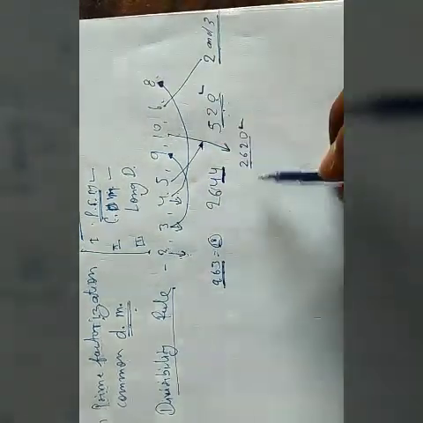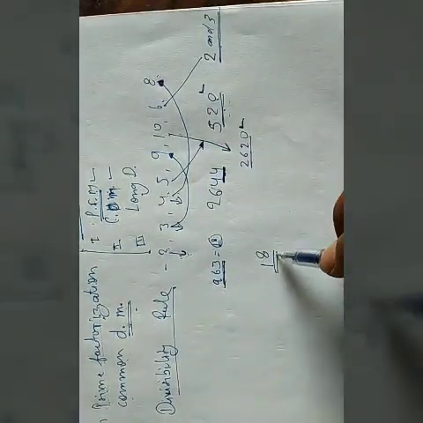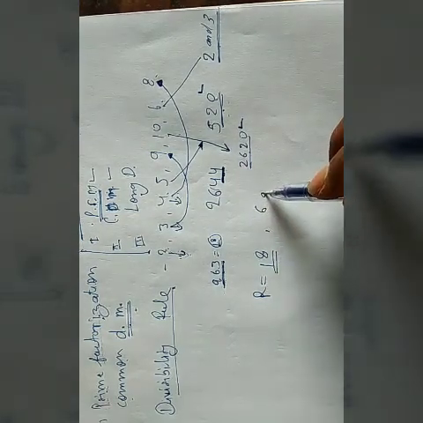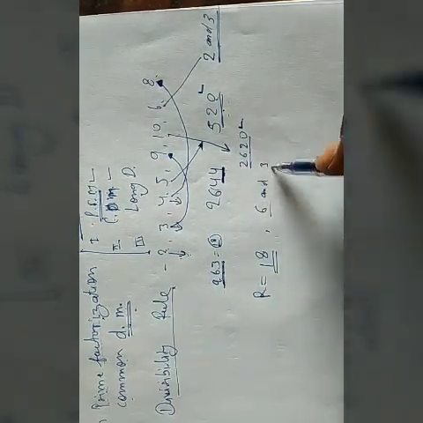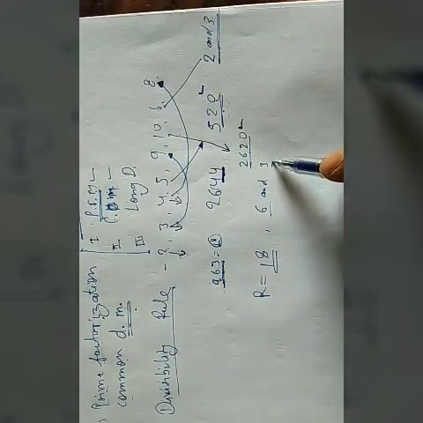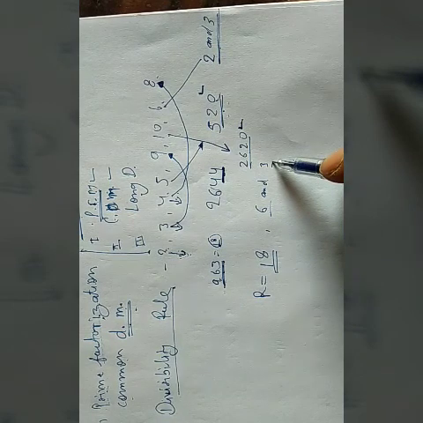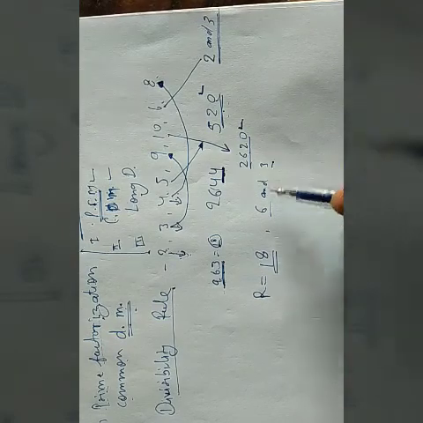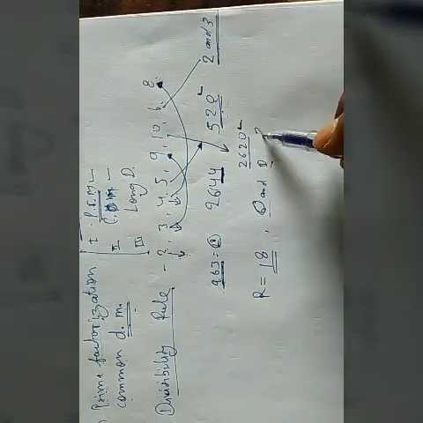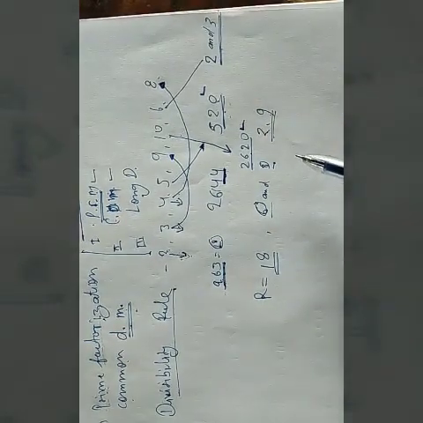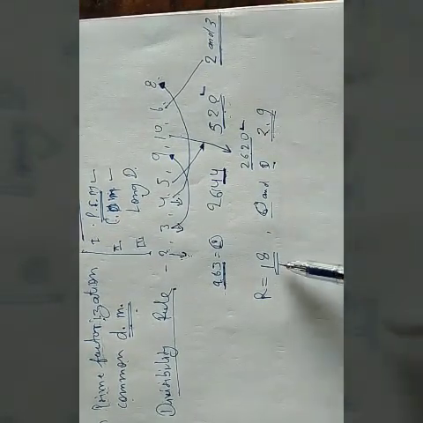Same to same for 18. Divisibility rule of 18, if any number is divisible by 6 and 3, then the number will be divisible by 18, because 6 times 3 is 18. So any number divisible by 18, divisible by 6, not 6 or 3, sorry, 2 and 9. Any number that is divisible by 2 and 9, the number is divisible by 18.